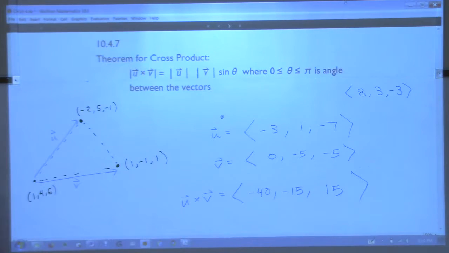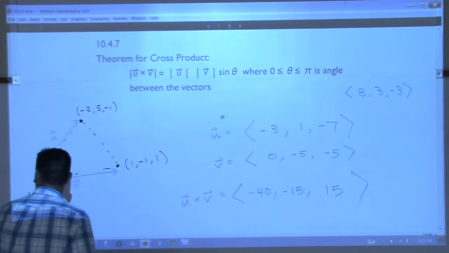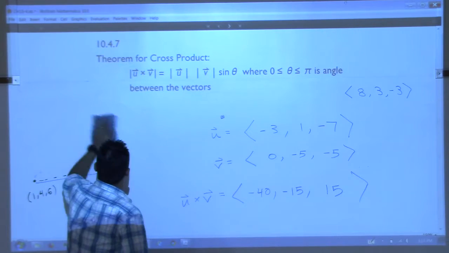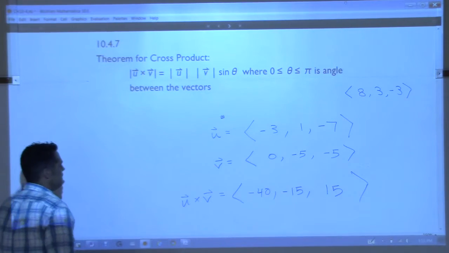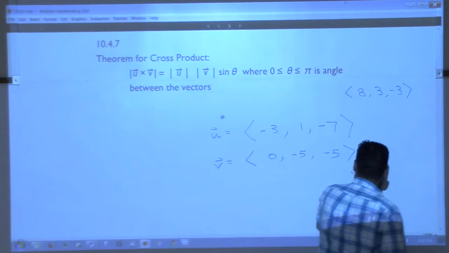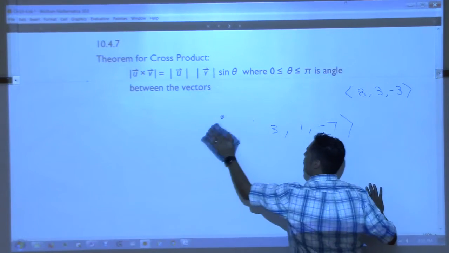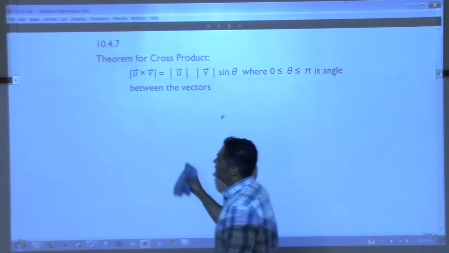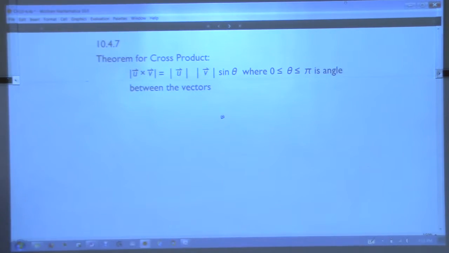All right, here's a very nice result. Actually, kind of a magical result of the cross product. If you take two vectors and you take their cross product, and then you look at its magnitude, the length of that vector, then that's equal to the length of u times the length of v times sine of theta.